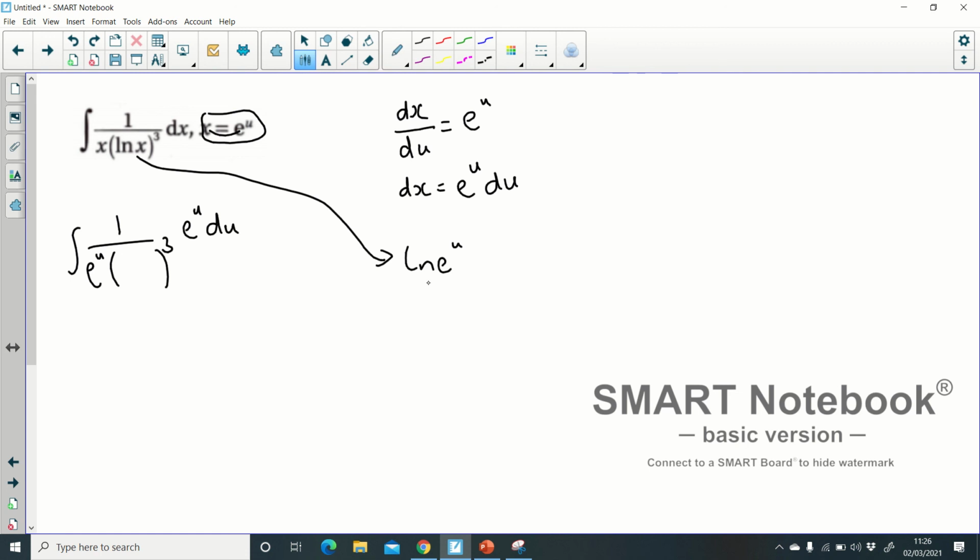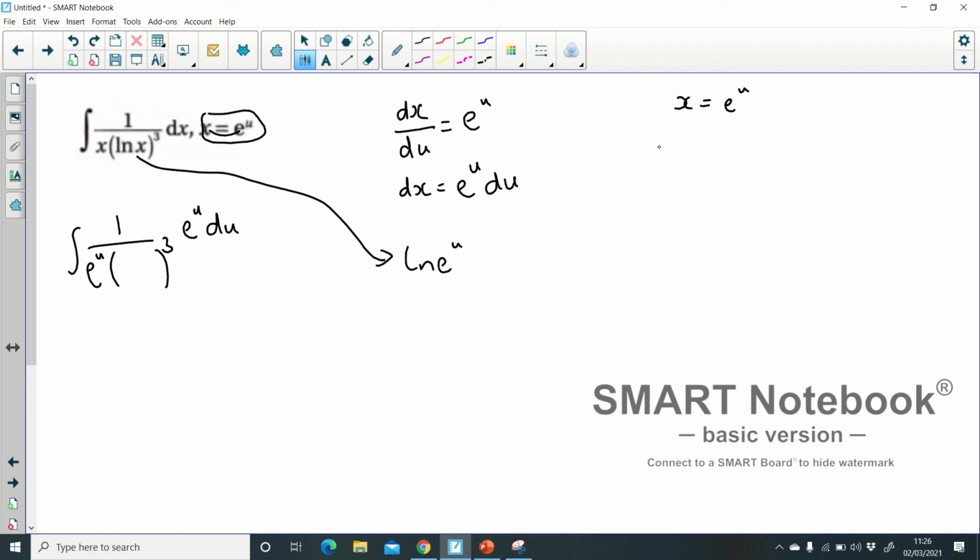Now I can rearrange x equals e to the u, the substitution I'm given in the first place. This has a different meaning. I can rewrite it in a different way. This is in index form.